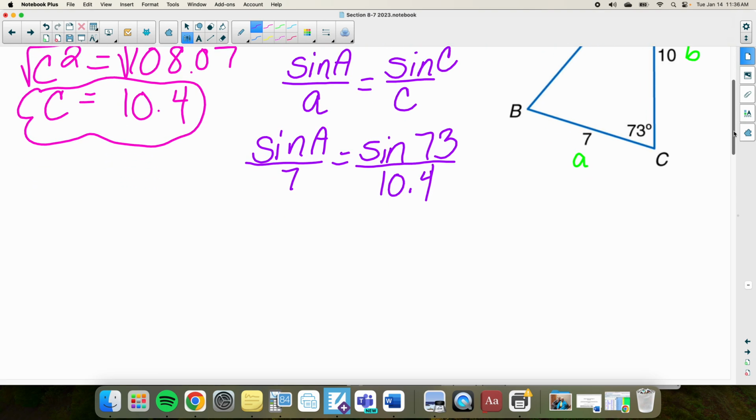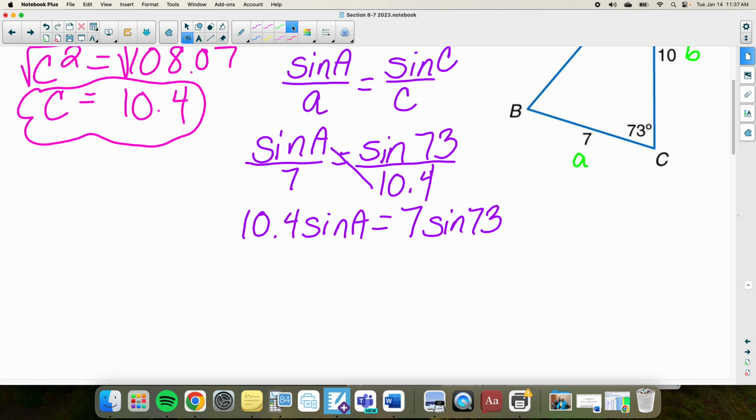Now I'm going to cross multiply and I get 10.4 sine of A equals 7 times sine of 73. Now remember, this is multiplied, so we have to divide by 10.4.